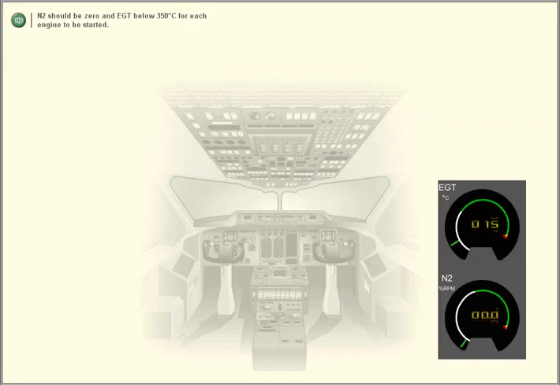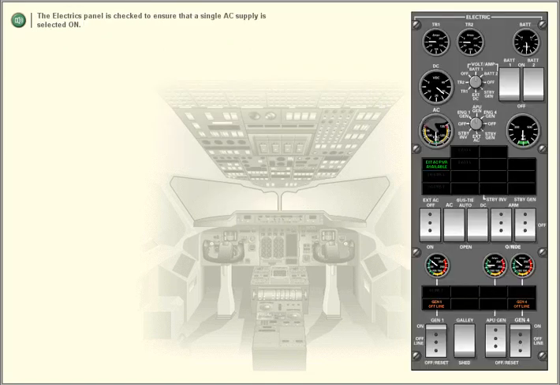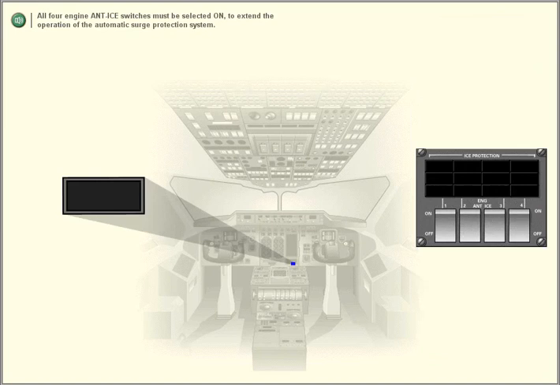N2 should be 0 and EGT below 350 degrees C for each engine to be started. The electrics panel is checked to ensure that a single AC supply is selected on. All 4 engine anti-ice switches must be selected on to extend the operation of the automatic surge protection system.